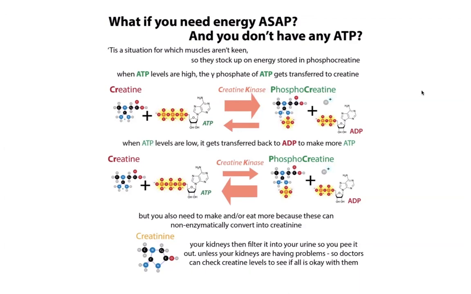But if we have a reaction that's more on the fence, now we're able to respond better to changes in the concentrations. By having a reaction like creatine kinase that can go back and forth more easily, we're able to respond better to changes in concentrations. So if we have high ATP, let's go ahead and make phosphocreatine.